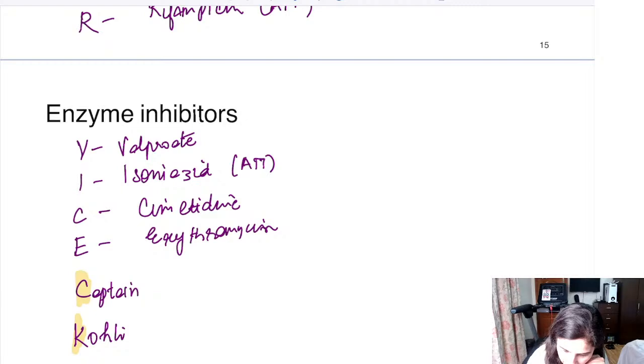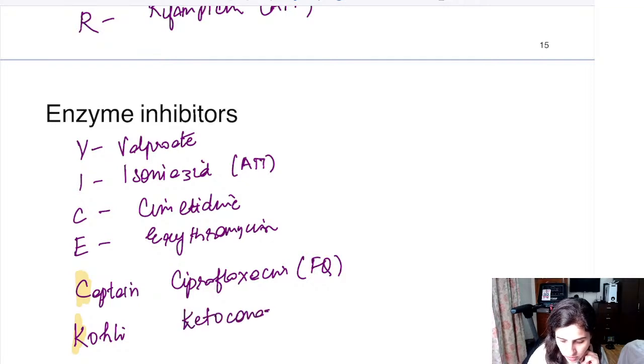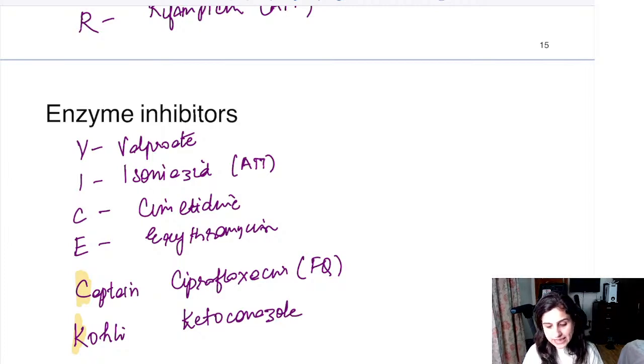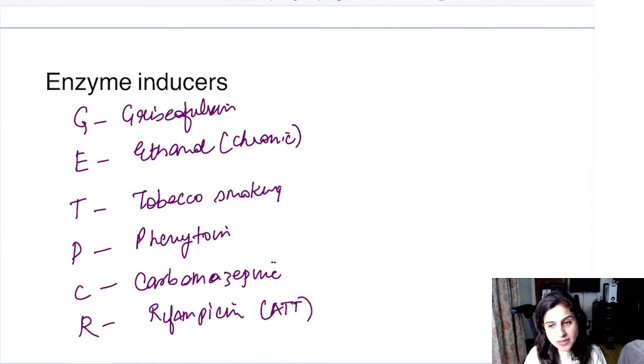Then C से it is another antibiotic, ciprofloxacin, a fluoroquinolone. And K, Kohli's K, is your antifungal, ketoconazole. Vice Captain Kohli. So Vice Captain Kohli is a mnemonic to remember the enzyme inhibitors, while enzyme inducers can be remembered by the mnemonic of GET PCR.